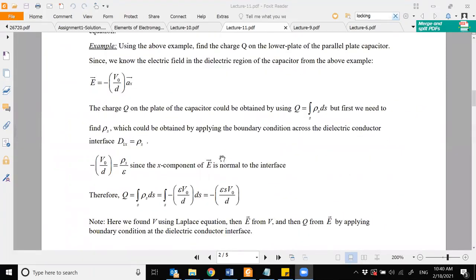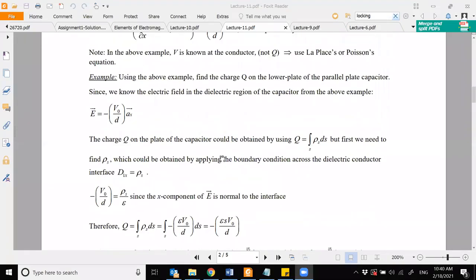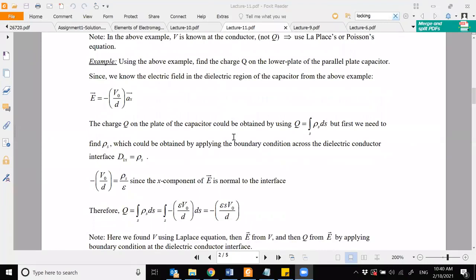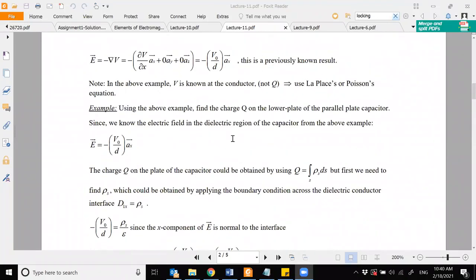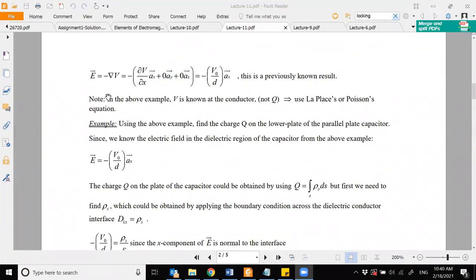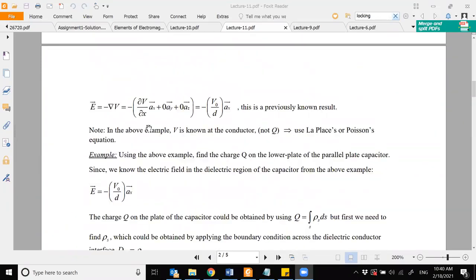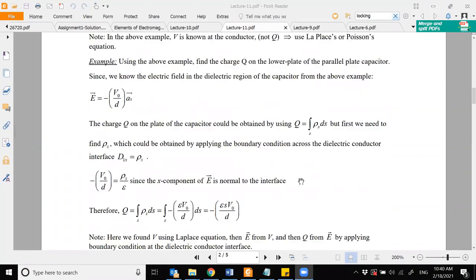Now, what we are saying is that once I get the electric field, how can you find the capacitance? Now, this is becoming straightforward. Once you know the electric field, you know V. Once you know V, you can find the charge if you want.